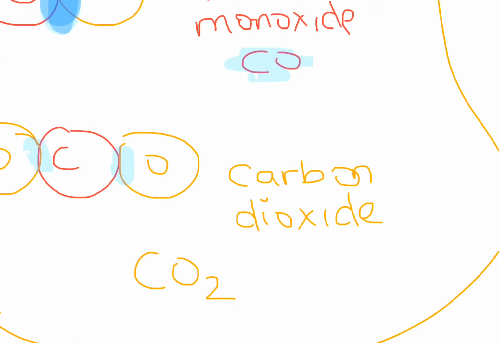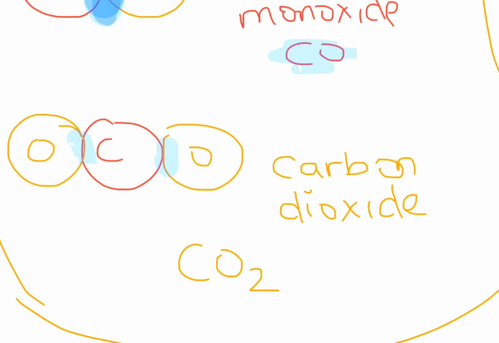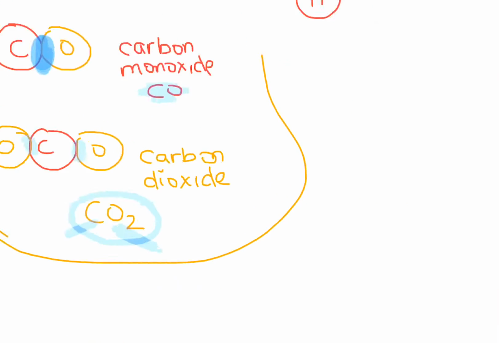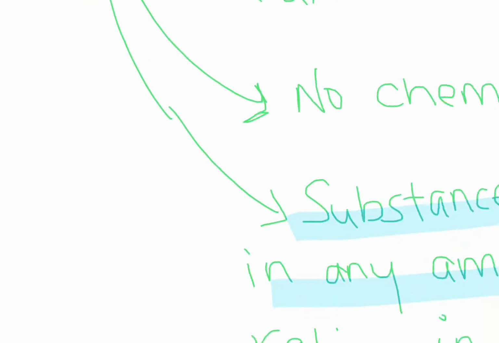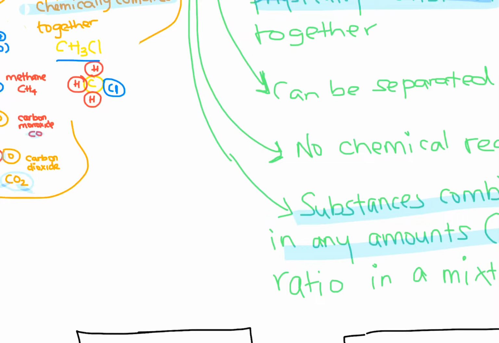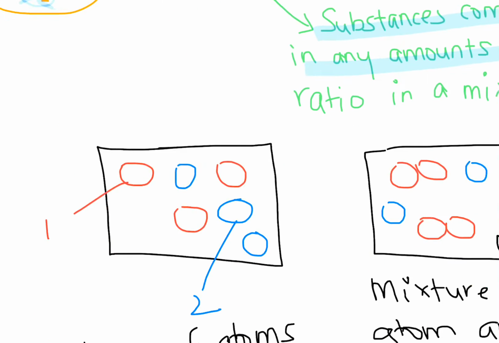If you're making carbon dioxide, you need 1 carbon and 2 oxygen to make 1 molecule of carbon dioxide. But if you're making salty water, whatever the amount of water you have, whatever the amount of salt you have, you'll still be able to make salty water.